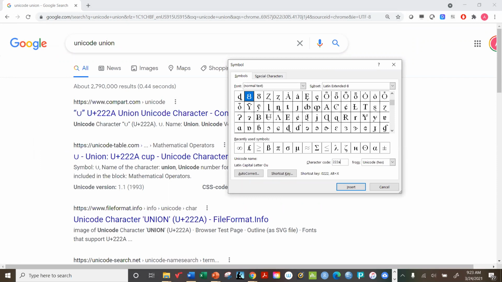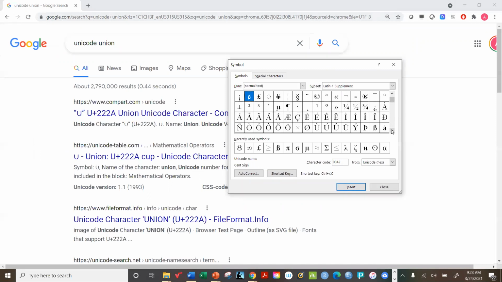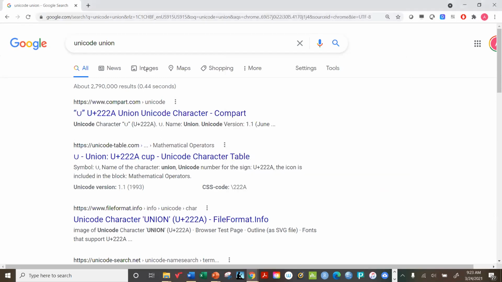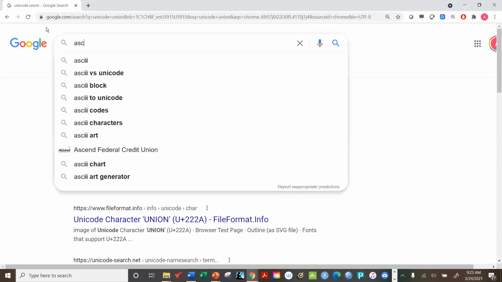See, I forgot. This is one way in which somehow Microsoft has screwed this thing up royally. They've got this thing here that's supposed to represent a union. That is not the union. And I don't know. All right, let's try this.